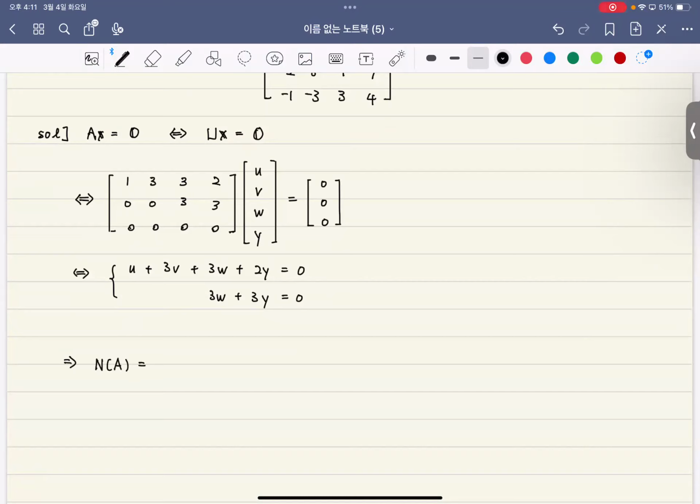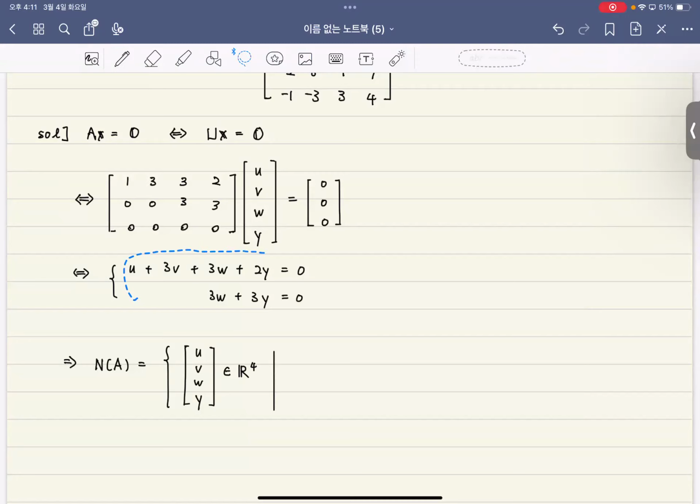In order to describe the null space of A, I can try to write it this way. U, V, W, Y. So the null space is the collection of all such vectors satisfying these two equations.